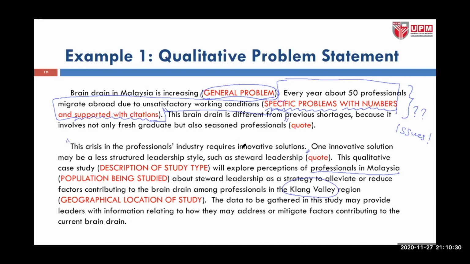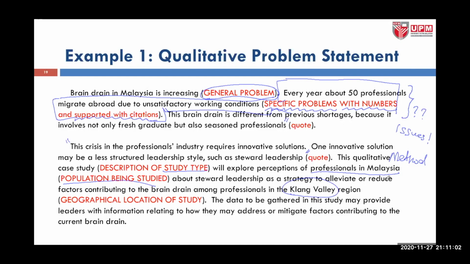And then you are putting the study type, the methodology. Okay, this is the method, right? And then you are putting the population being studied, the group of people, the samples, professionals in Malaysia, as well as the geographical location of the study, Klang Valley, right? And then you will say that data to be gathered may provide.